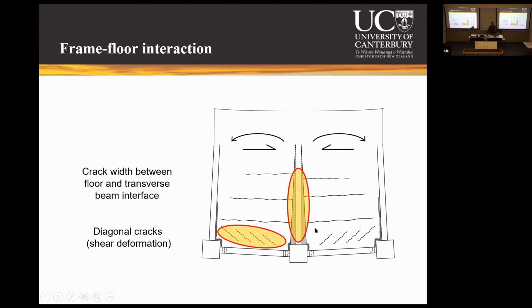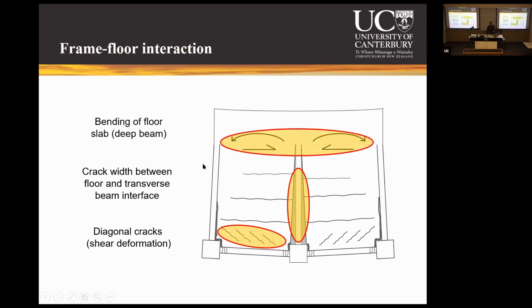Then the crack width between the floor and the transverse beam interface: because the precast ribs are axially stiff, they avoid wide cracks in the floor slab body. So all the deformation compatible with the elongation will have to go into this interface with the transverse beam. As I showed earlier, in the interior plastic hinges that opening is much smaller, whereas in the exterior plastic hinges that opening is large.